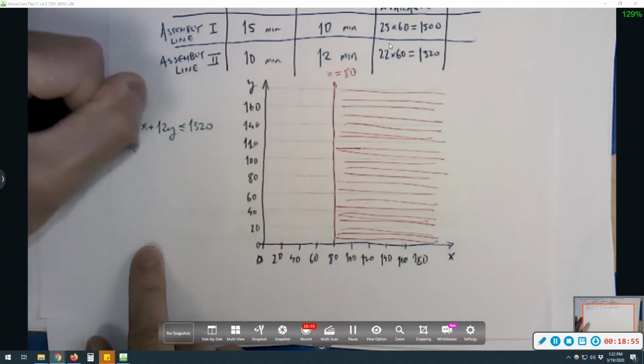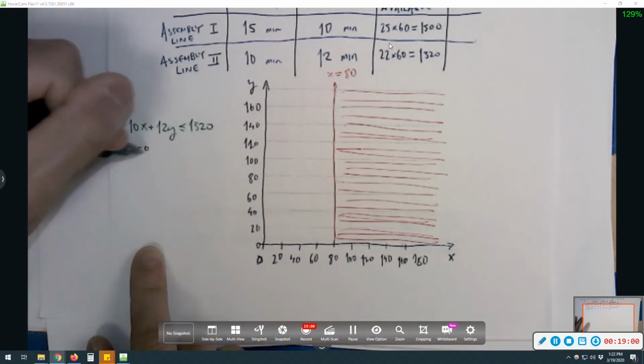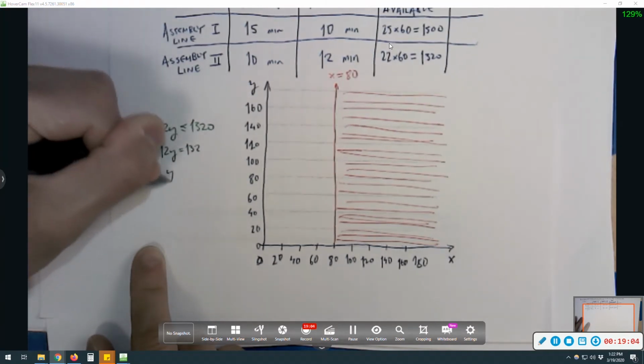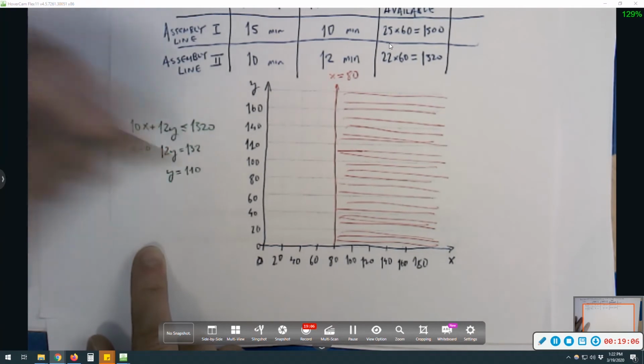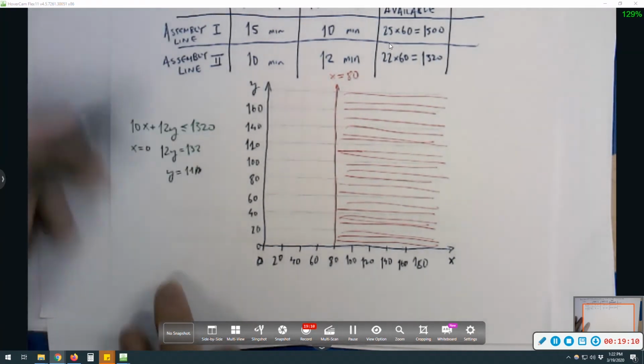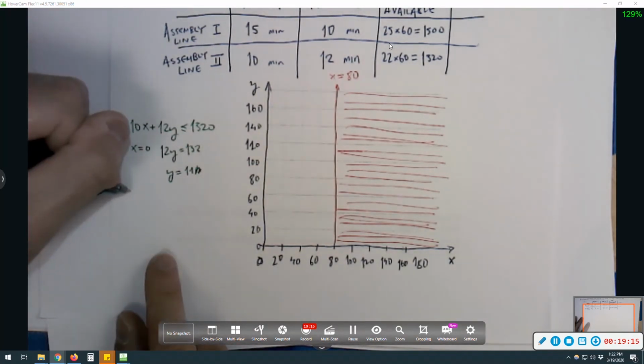So x equals 0 to graph the line. That gives you 12y equals 1320, because x equals 0.